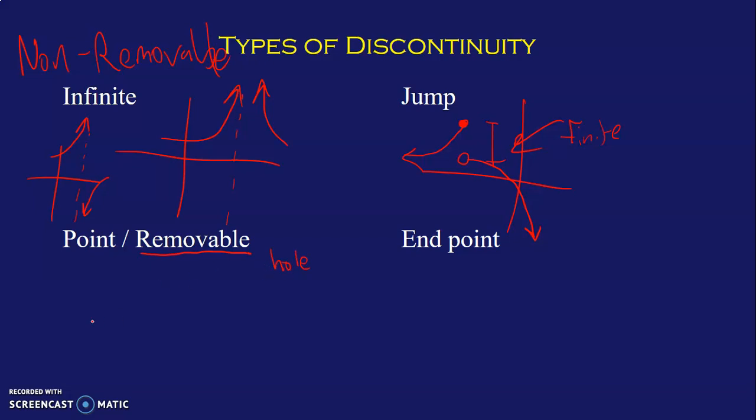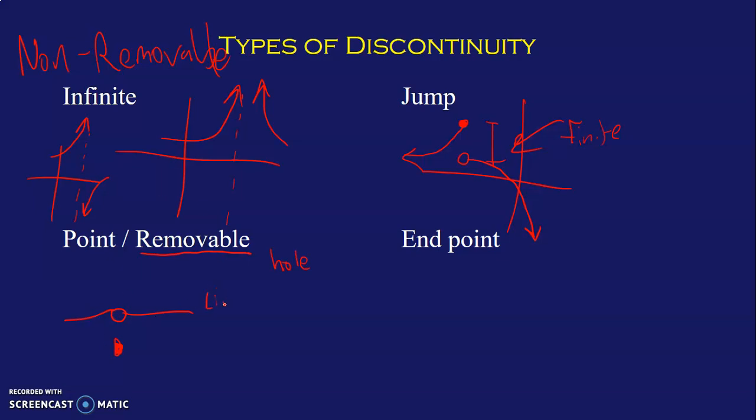And a removable discontinuity is where the limit exists and the function exists, but they're not equal to each other. So here, the function existed, and some people see that hole and they think that this is a removable discontinuity. But the limit does not exist because the left side limit and the right side limit are not equal to each other. In a removable discontinuity, then the limit does exist.